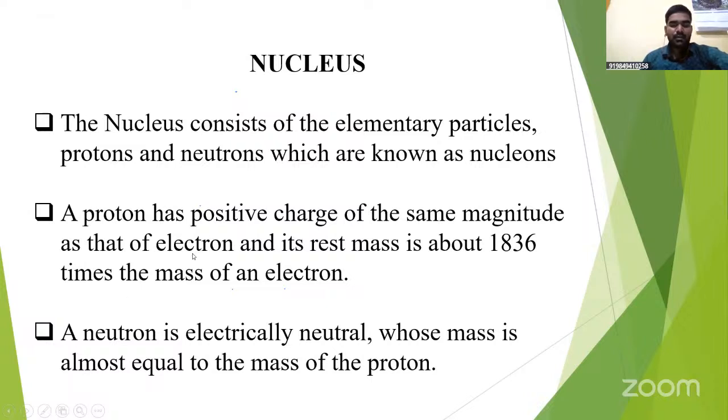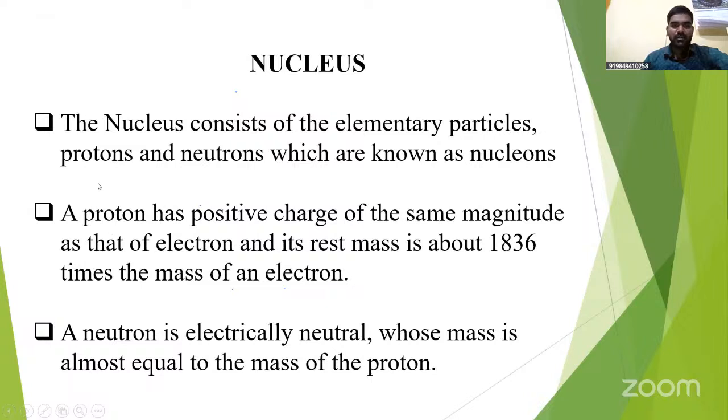The electron and proton have the same magnitude but the sign is different, because the proton is positively charged and the electron is negatively charged. Its rest mass is about 1836 times the mass of the electron.